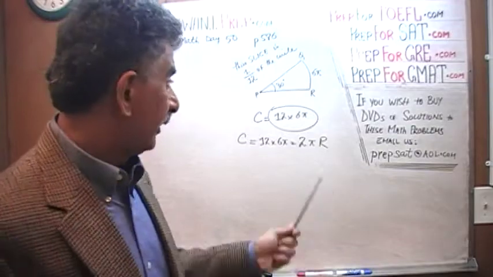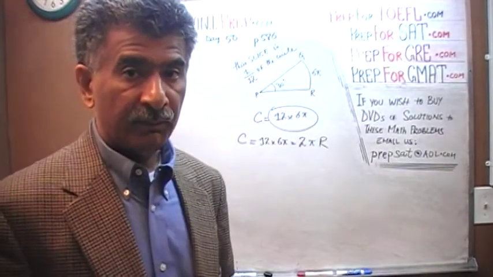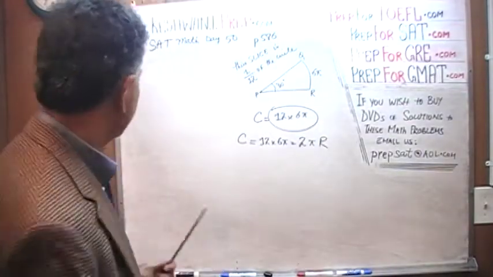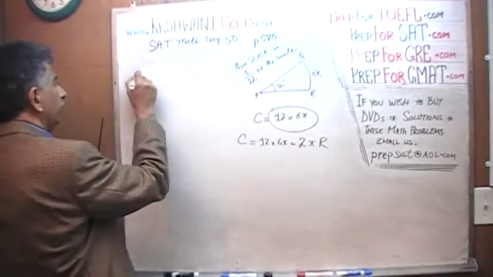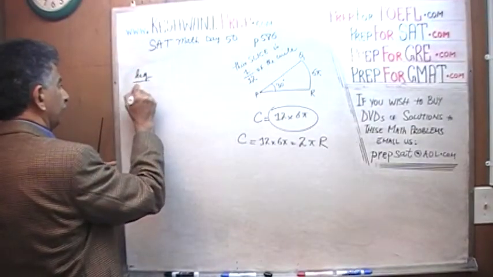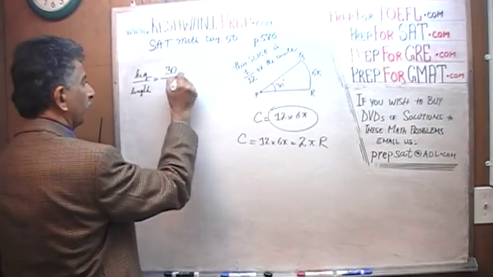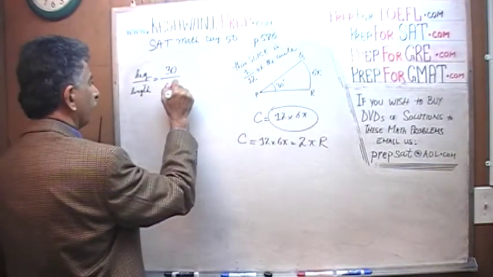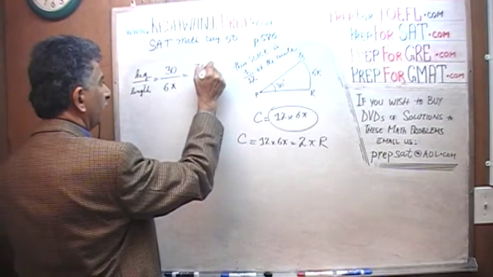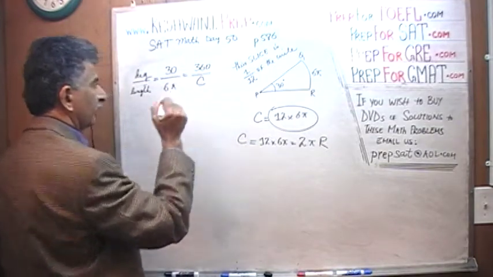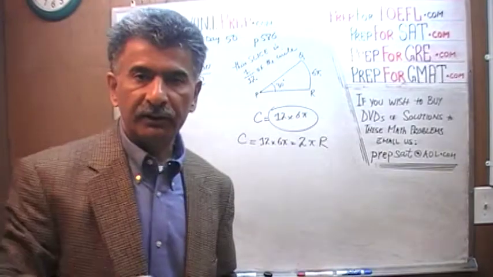Another way we could have figured out the circumference is to set it up as a proportion problem, like this. Here's the degree, and here's the length. We are told that 30 degrees represents 6 pi. Therefore, 360 degrees would represent the circumference, the length of the entire circle.